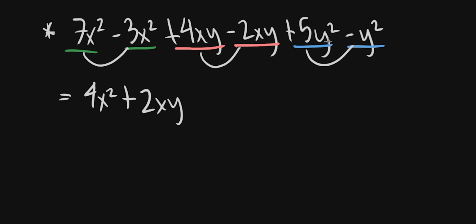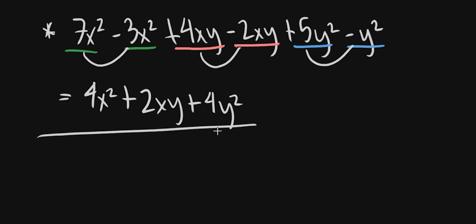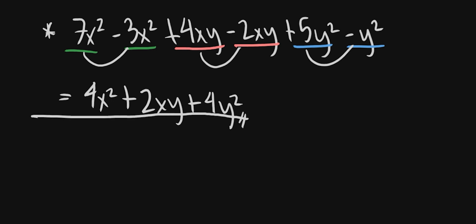And 5y squared minus y squared would result into positive 4y squared. So that's pretty much it. And there you go, you have your answer right there.